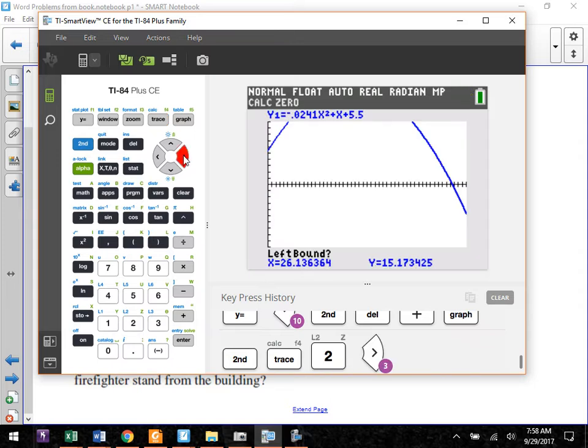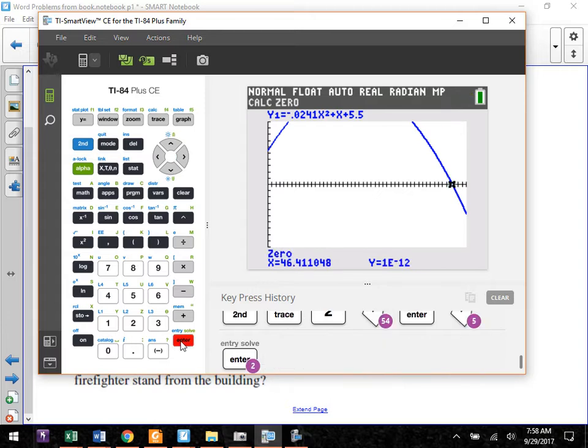Left bound, let's keep moving. Here it comes. That's for the cannon problem. 46.41.